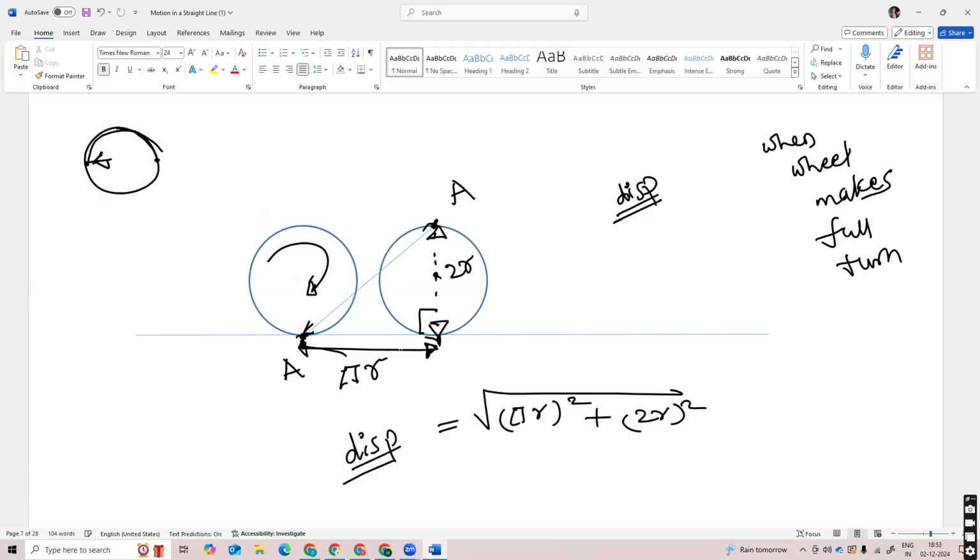So point A has reached the top of the circle now, and since it has made a half turn, it has traveled a distance of this.